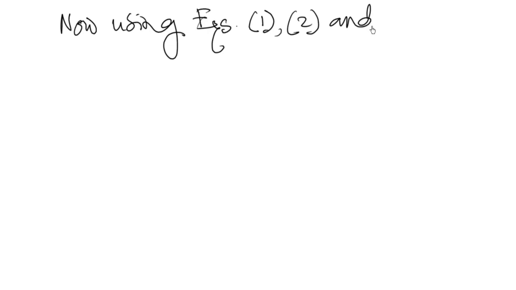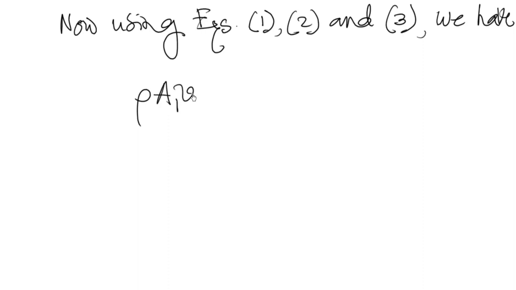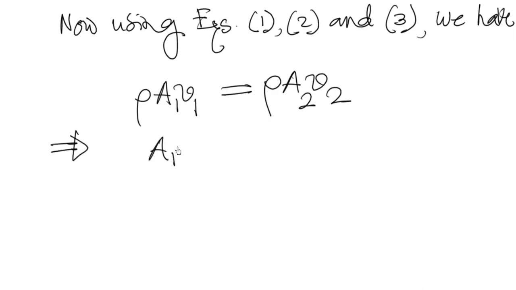Now using equations 1, 2 and 3, we have rho A1 v1 equal to rho A2 v2, or A1 v1 equal to A2 v2.